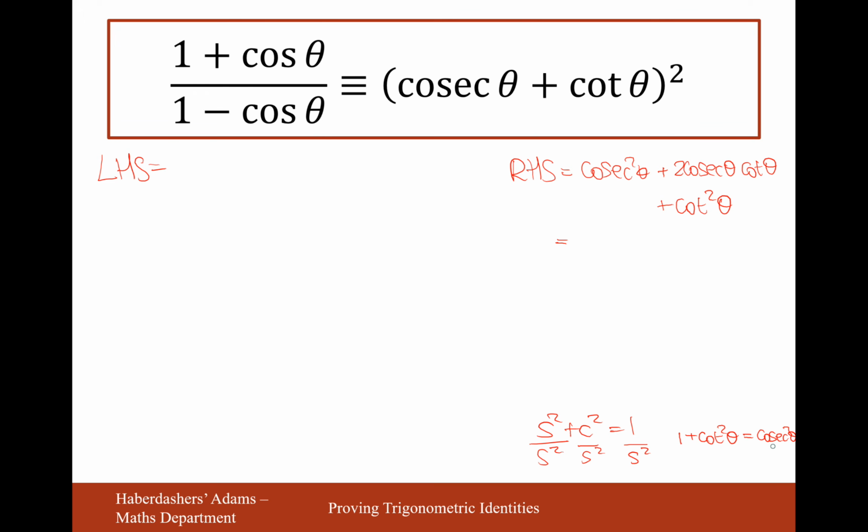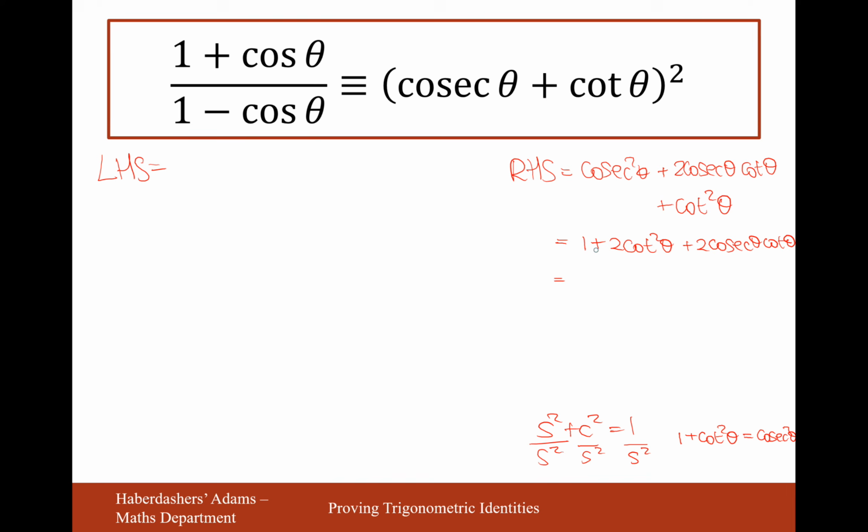So therefore, what do I want to change? I'll change the cosec into cot maybe. So it would be 1 plus 2 cot squared theta plus 2 cosec theta cot theta. Okay, this isn't looking that helpful so far.